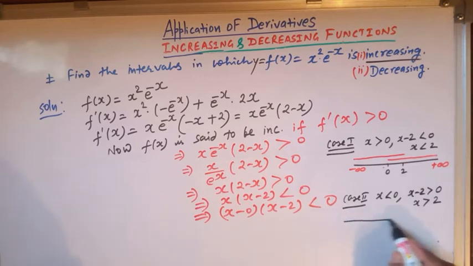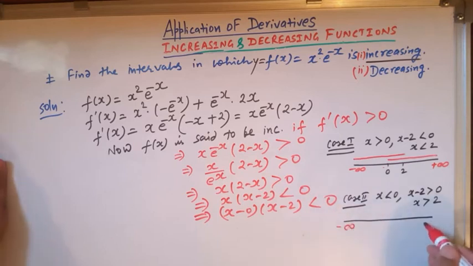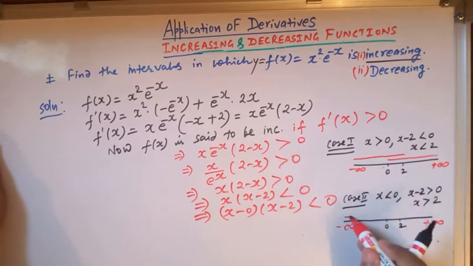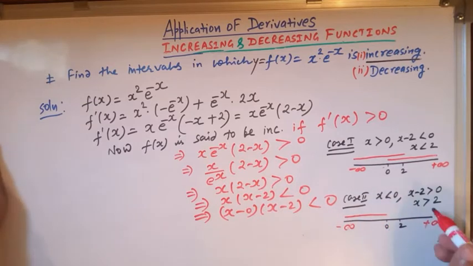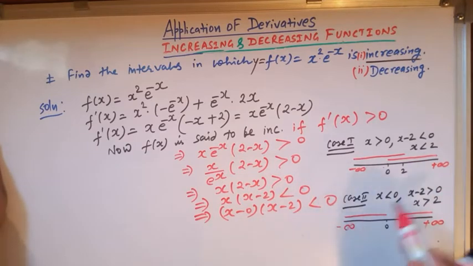So let us plot or shade the solution region here, and we see that this is 0, this is 2, and x less than 0 is this region and x greater than 2 is this region. Now from these two cases, viewers, we see that the common region which satisfies this inequality is this region.